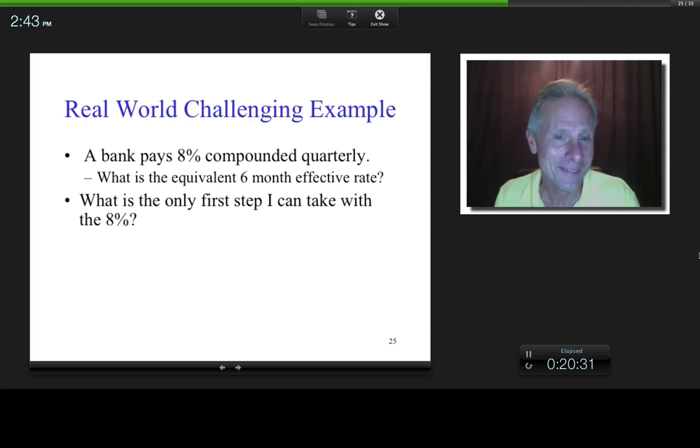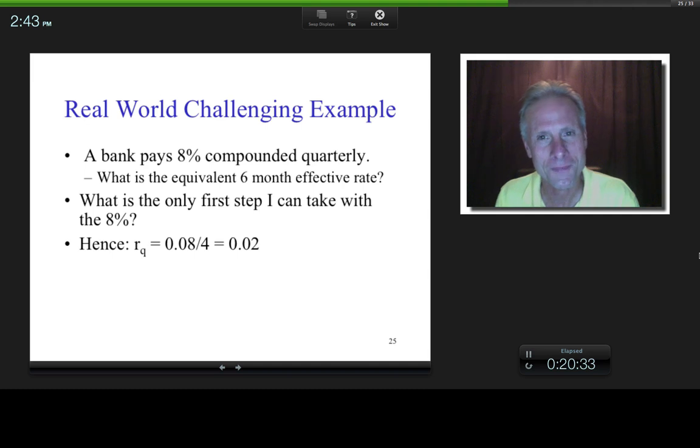Well, by definition, divide it by 4, right? Why? Because this is a nominal or stated advertised rate. By convention, the 8% is annual. And how many quarters in a year? 4, right? Brilliant.